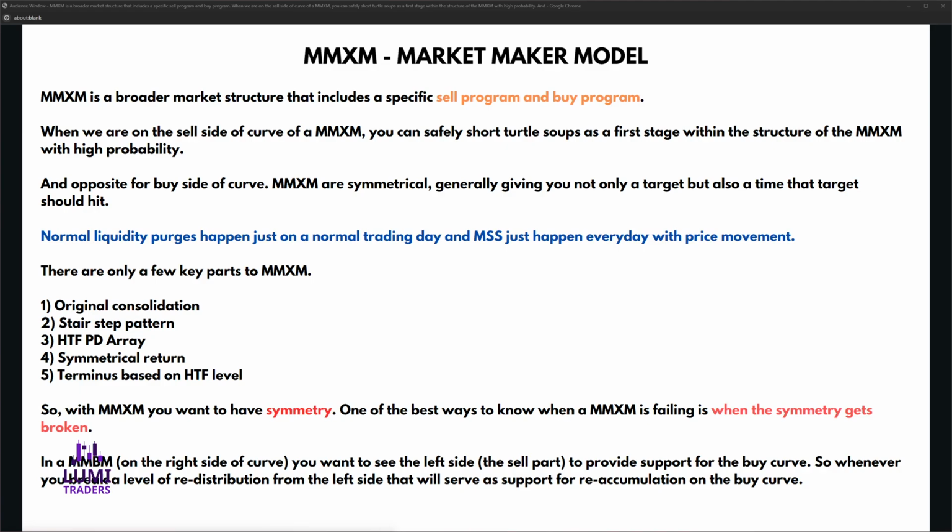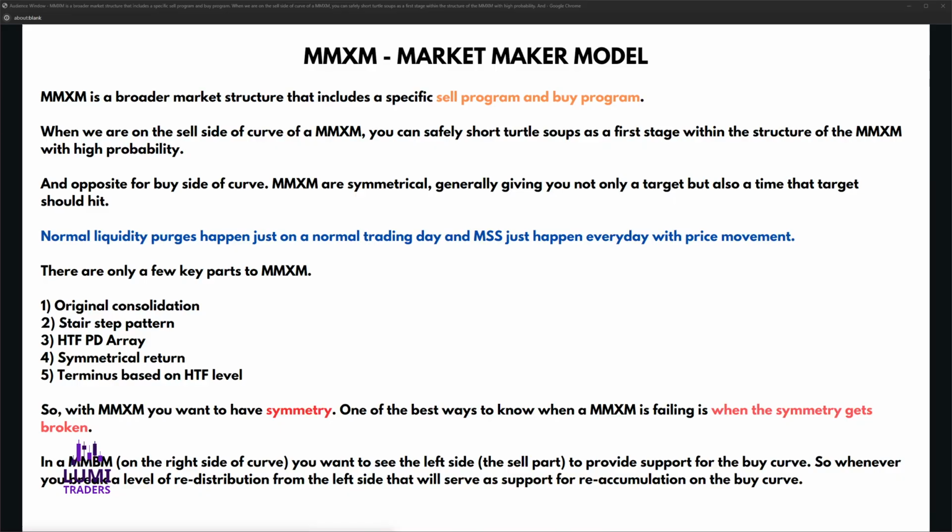Normally, liquidity levels and liquidity sweeps happen on normal trading days, not on holidays or other low volatility days. On normal days, market structure just happens every day with price movement.